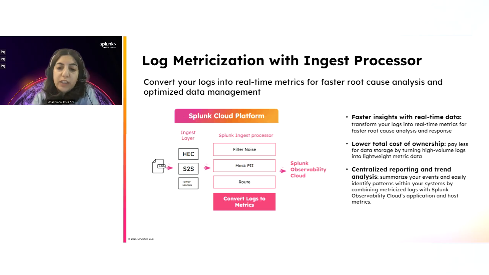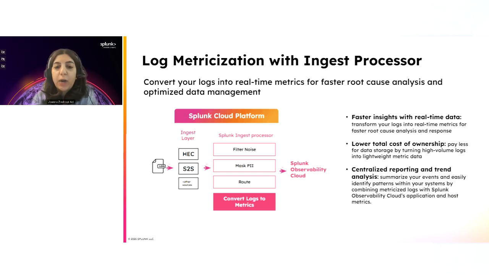The way it works here at Splunk is that we have an ingest processor, which is part of the Splunk Cloud Platform solution, and essentially there's a data management interface in which you can directly and easily convert your logs into metrics. When you transform your logs into metrics, it's very appropriate when you're looking to get much faster insight into your systems for real-time alerting.